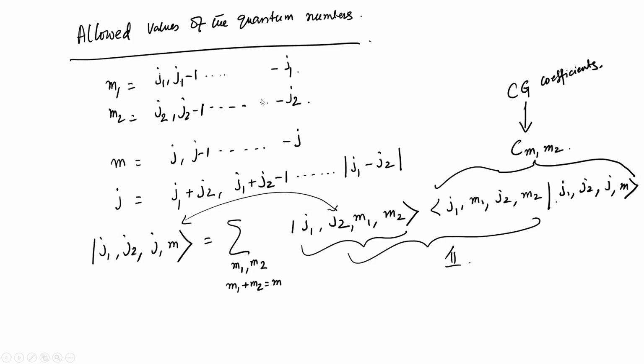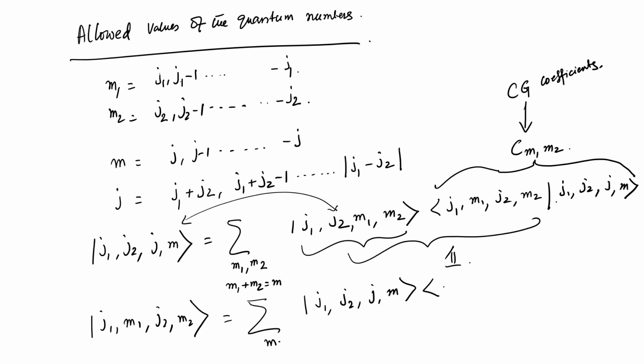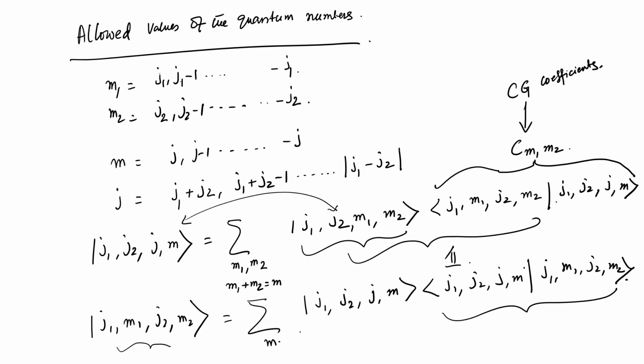If you look at it here, where we define these CG coefficients, we defined them as J1, J2, Jm, but we can also write J1, J2, M1, M2, or let us follow the order J1, M1, J2, M2, and then you can do a summation over M. This description is connected to this description, so these will be the Clebsch-Gordon coefficients.